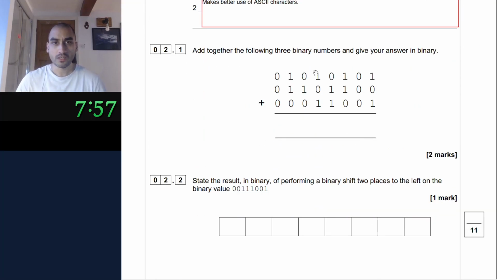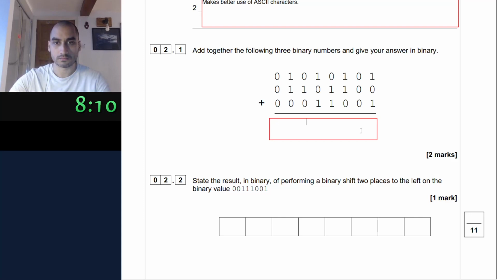Add together the following 3 binary numbers and give your answer in binary. Okay. All right, so 1 plus 1 is 0, carry the 1. Then there's a 1 there.